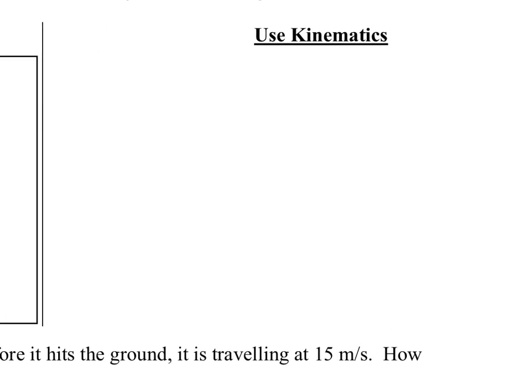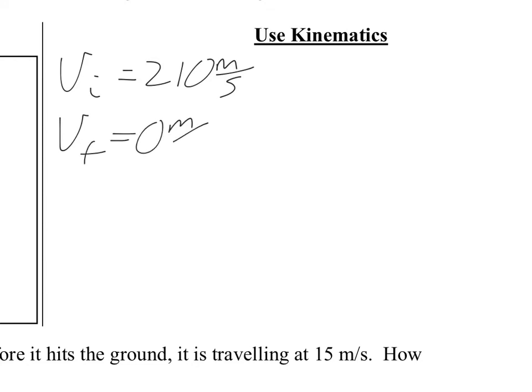For this one, our initial velocity is 210 meters per second. Our final velocity at the apex is 0 meters per second. Our acceleration is negative 9.8 meters per second squared, and our distance is unknown.